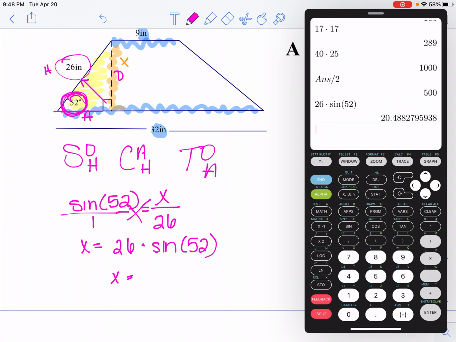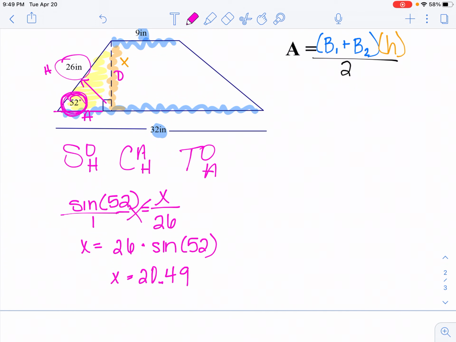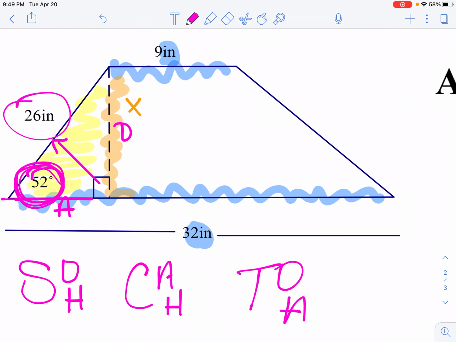And you're going to get 20.488. Remembering that second 8 informs what we do with the first 8. So we're going to round up 20.49. All right, so now I can go here and I can say I know the height, it is 20.49.